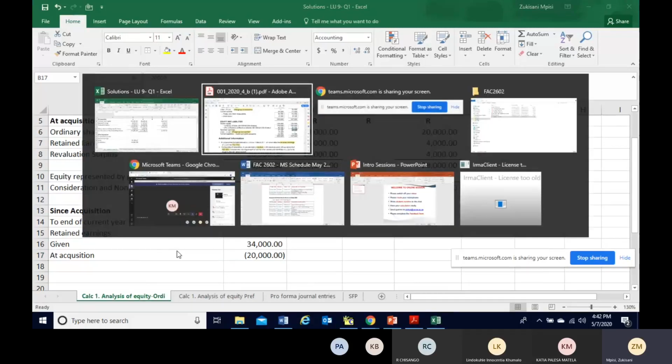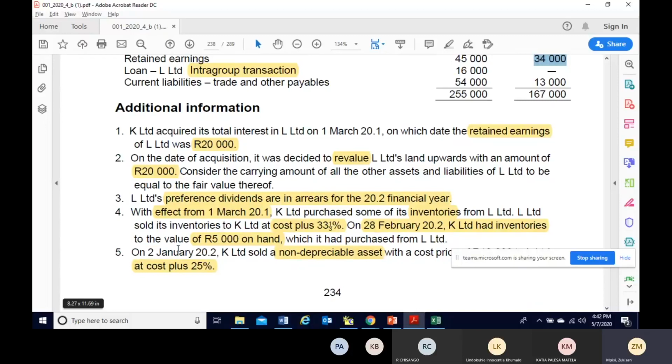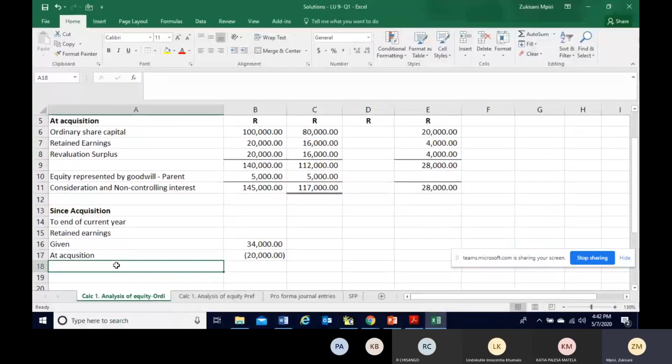So we go read the information and we see what is going to affect retained earnings. So number 3, we are told LLTD's preference dividends are in arrears for the 20.2 financial year. So we are dealing here with preference dividends that are in arrears.